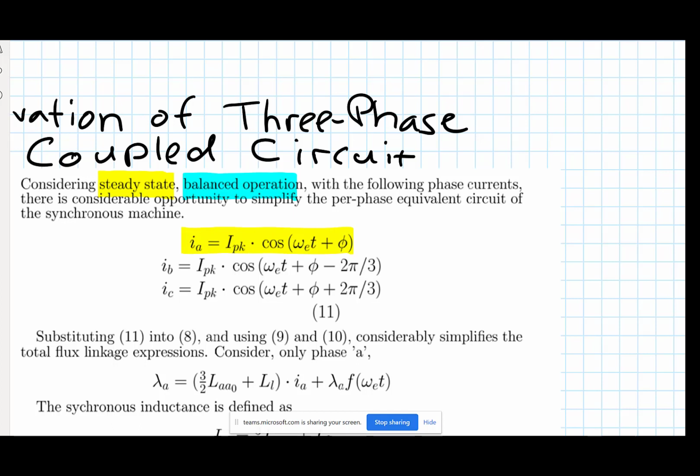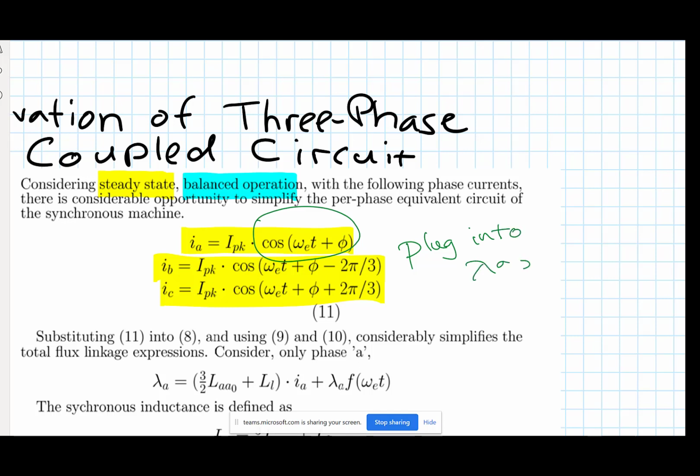The current in the A phase would be I peak times a cosine. I could use a sine. It's arbitrary. These are the scalar periodic representations of the currents.